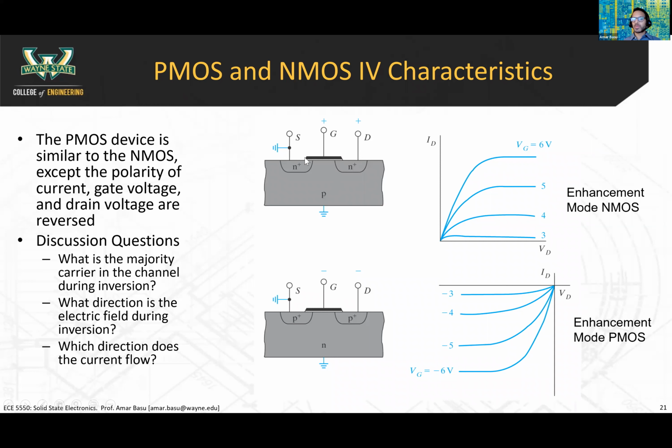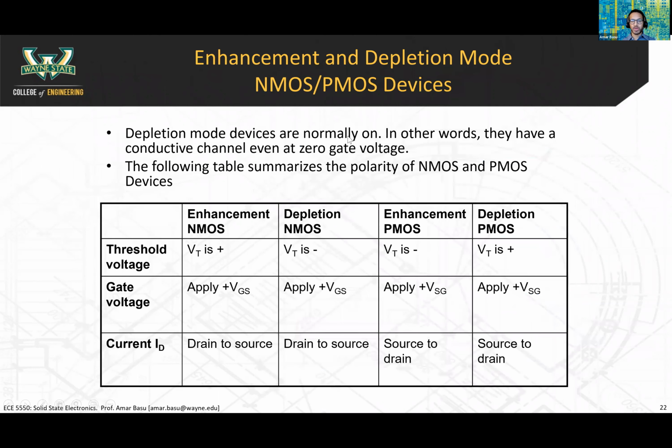I haven't talked much about how you could do that, so we'll get into more of the details of that when we talk about energy band diagrams. But there is a way to do that, to have a normally on device, and that is a depletion mode device. When you have a depletion mode device, the threshold voltage is actually negative. So that when you apply 0 volts, which is applying nothing at all, you still have a conductive channel.